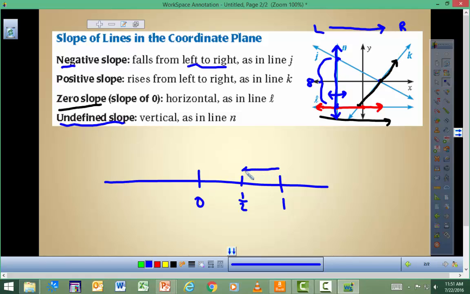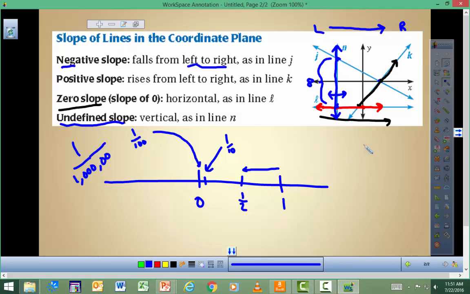We're getting closer and closer to 0. Eventually, we get to a location here that's called like 1/10. And you could get even closer in there, and you get eventually to a spot called 1/100th. And you could even get closer than that and get to 1/1,000,000th. Okay, that's getting pretty close to 0.